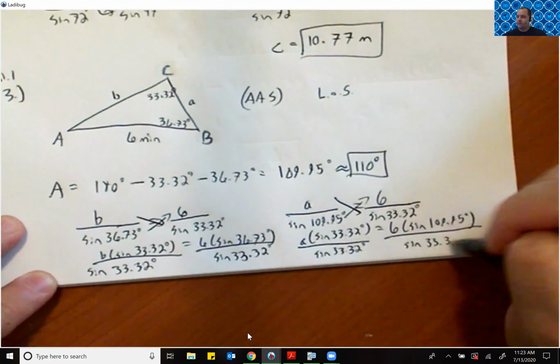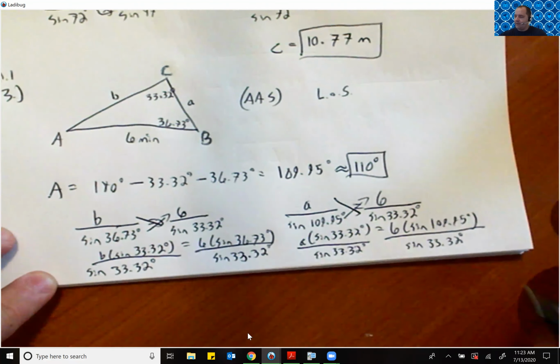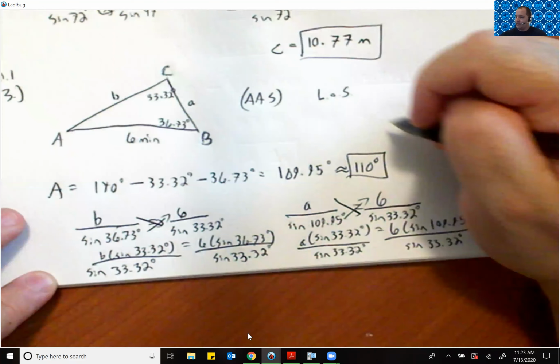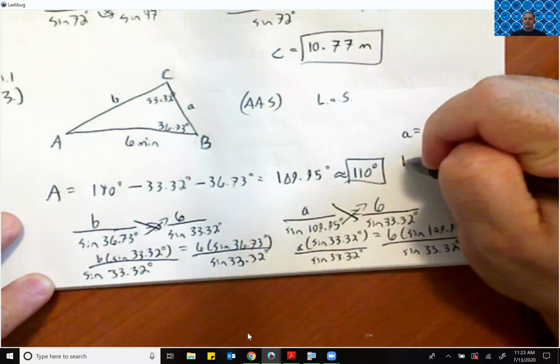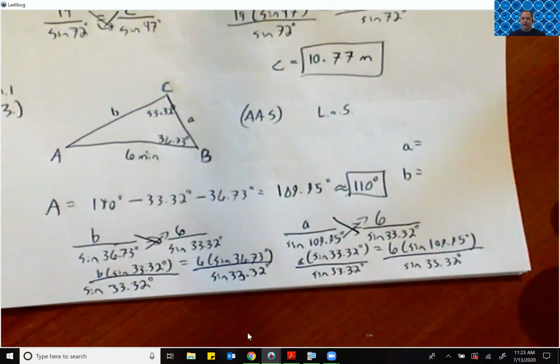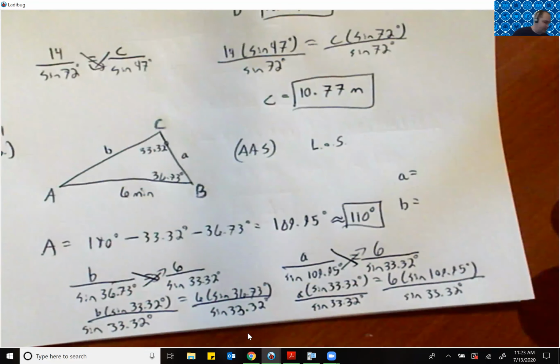Okay, so let's talk about little a and little b. All we're going to do is go to the calculator and let it do its job, and we're going to round to the nearest whole number, the nearest mile.